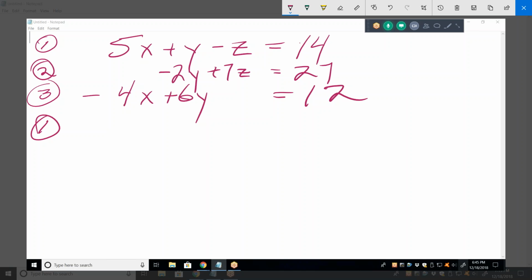Those are your choices. Which two equations are you going to use? It's already missing from 3.